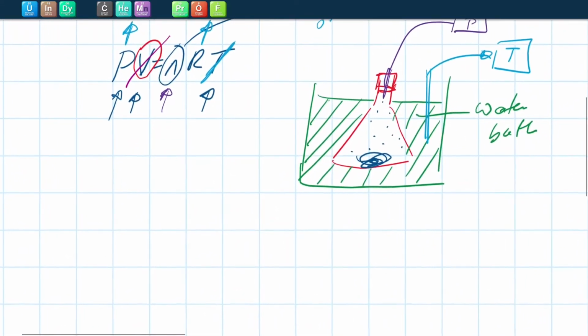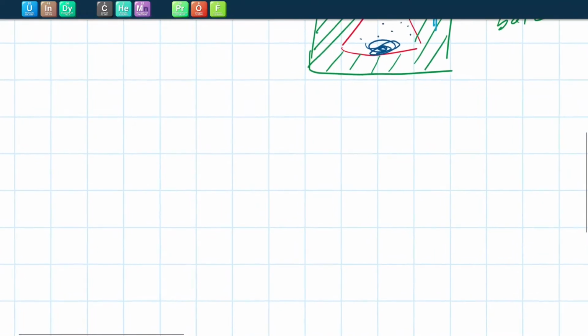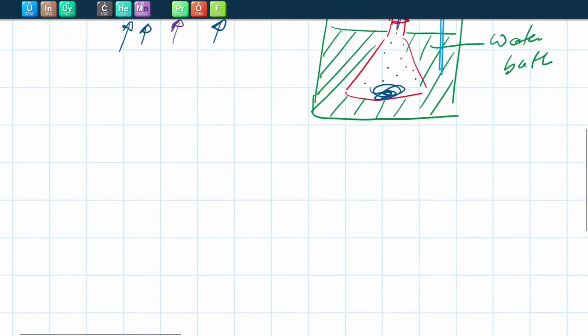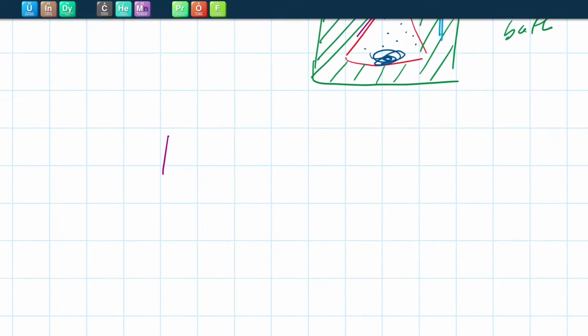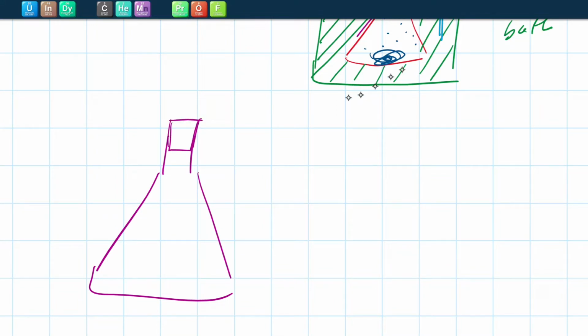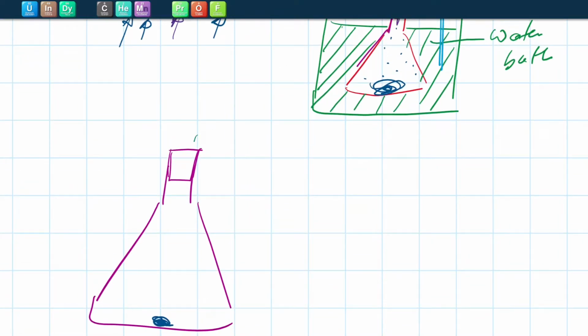Now, how are we going to set this all up? Let's take a closer look at just the flask in this setup. We'll have a flask, and you'll have to make sure it's tightly stoppered inside of a water bath, with a little piece of magnesium metal, and this will be connected to our pressure sensor.